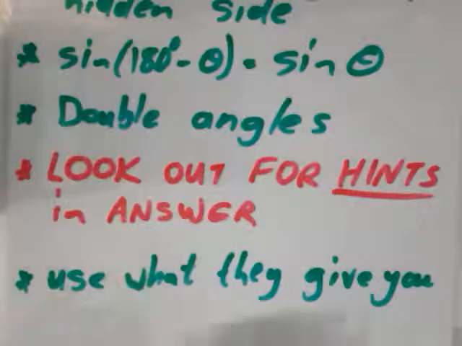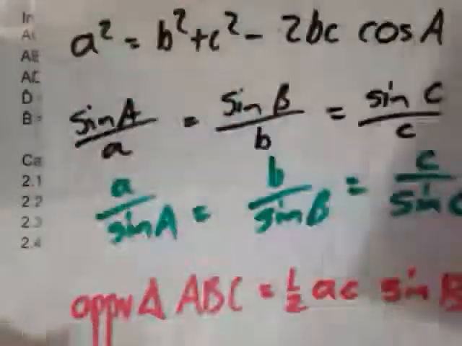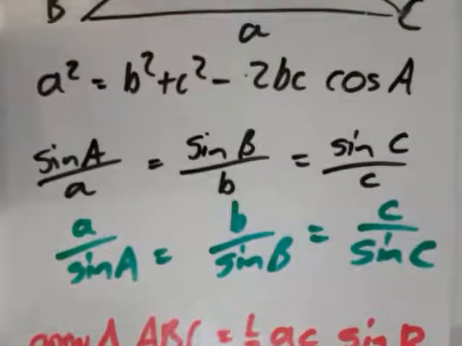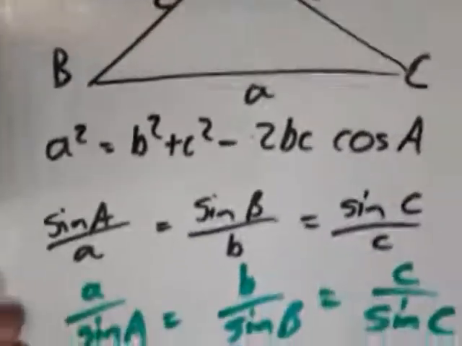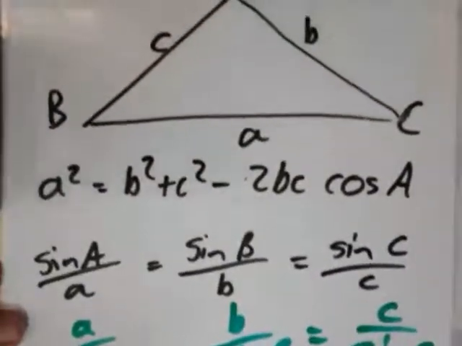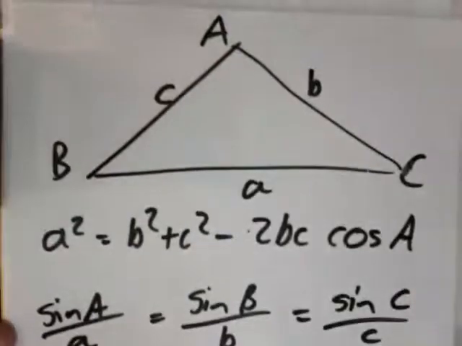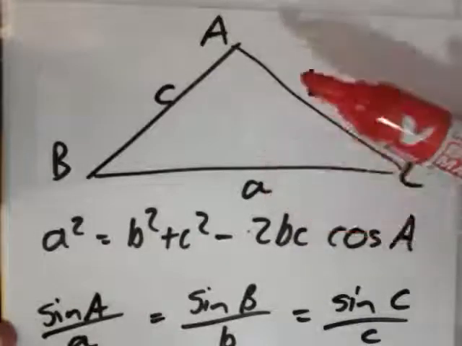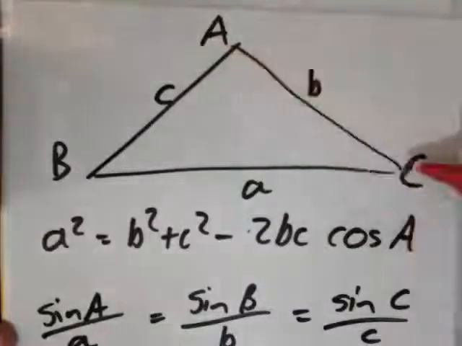Okay, so now let's look at the formulas for the sin, cos, and area rules. We're going to start with our triangle ABC, and opposite angle A is side a, opposite angle B is side b, and opposite angle C is side c.